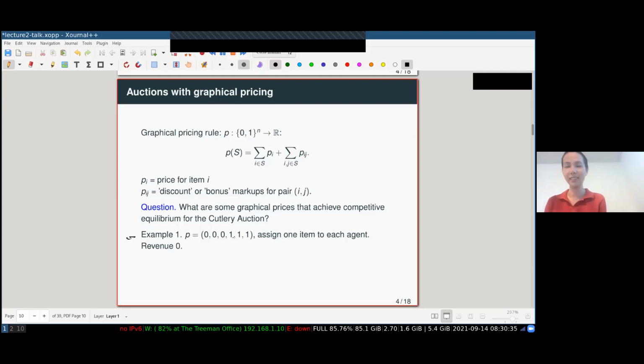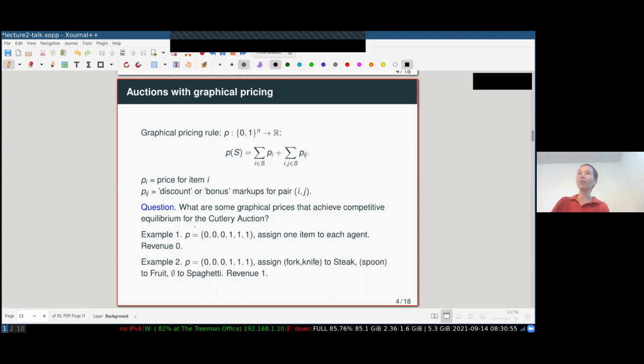In this case, I assign 1 item to each agent. Everybody gets utility 0, and my own revenue is also 0, because I'm giving the items for free and not giving a pair to anybody.